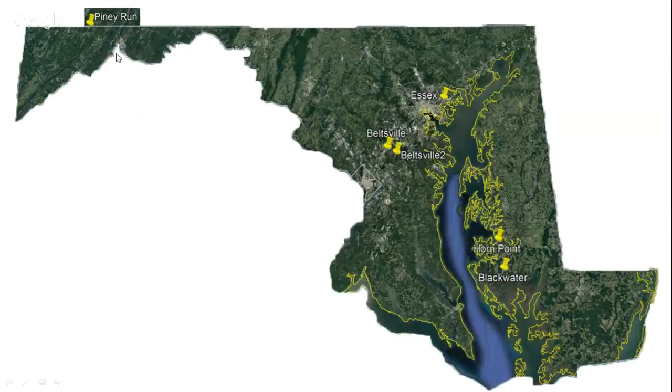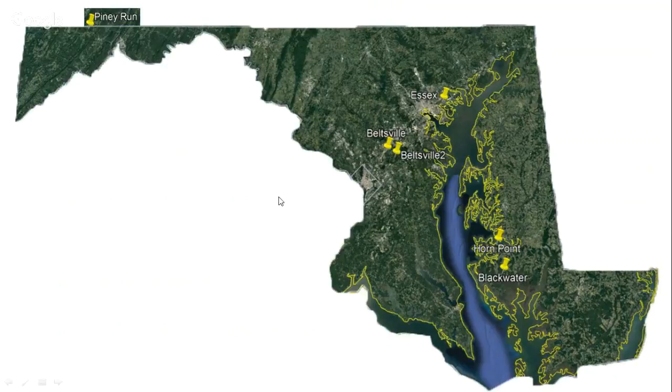Fortunately, one of those stations was in Western Maryland, and 2 of those stations were on the Eastern Shore of Maryland. Unfortunately, Southern Maryland wasn't captured in the data set, and the capital region is also kind of missing. But fortunately, Essex, which is a suburb of Baltimore City, was captured, and a couple of reporting stations in Beltsville reported data.